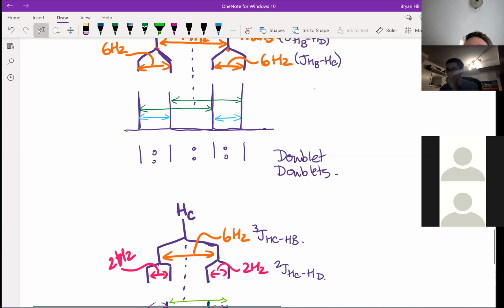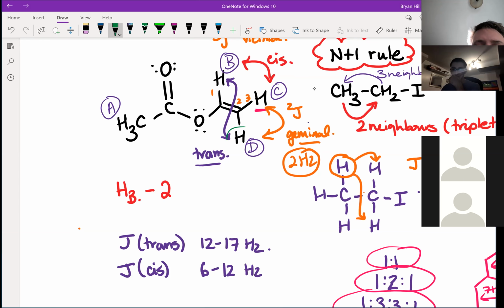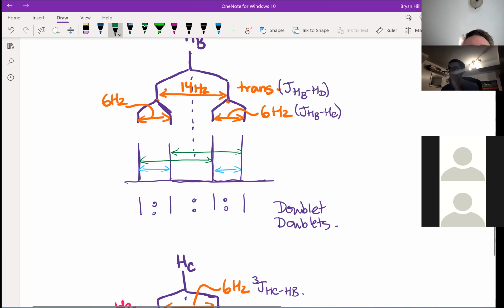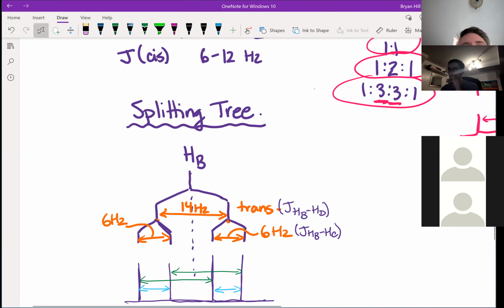So, you could do a similar sort of analysis of HD. The difference would be that it's going to have the same small geminal coupling, and it's going to have the larger trans coupling, but it would also appear as a doublet of doublets. So these are what we would call splitting trees, and they are used when a proton is coupled to protons with different coupling constants.